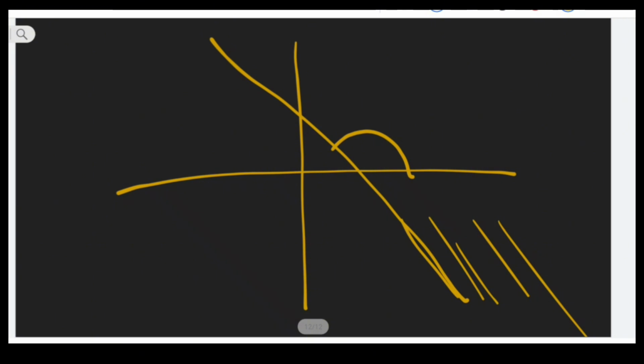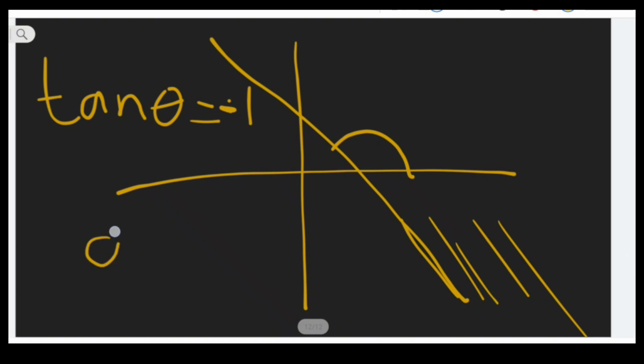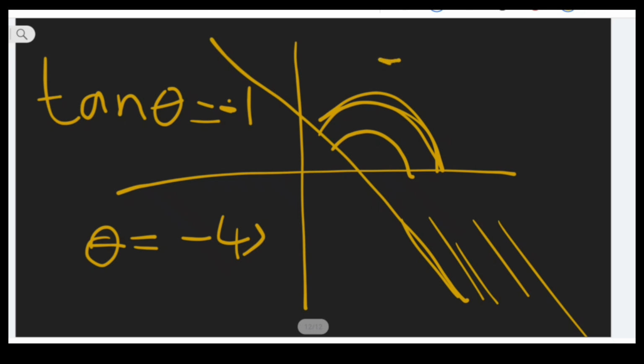Maybe you can say tan theta equals that gradient, maybe -1. Then you will get theta equals -45. In order for you to get this angle, this -45 plus 180, you will get this obtuse angle.